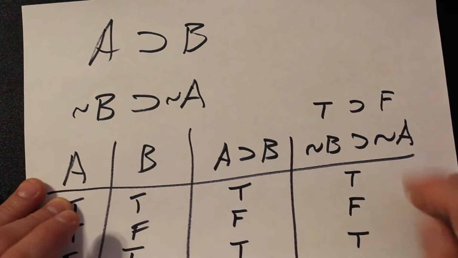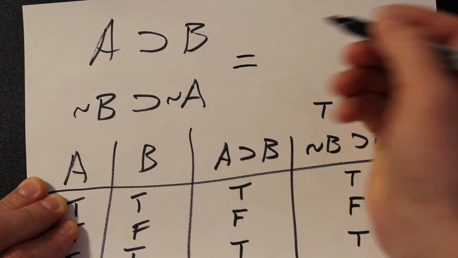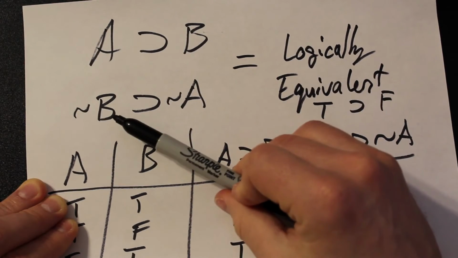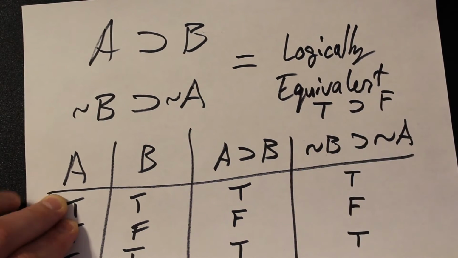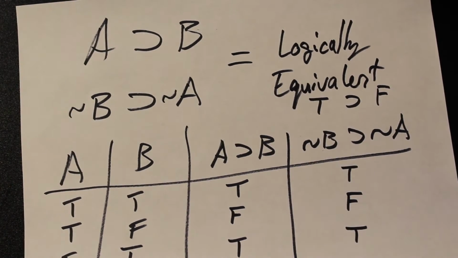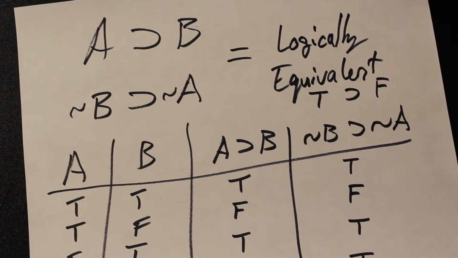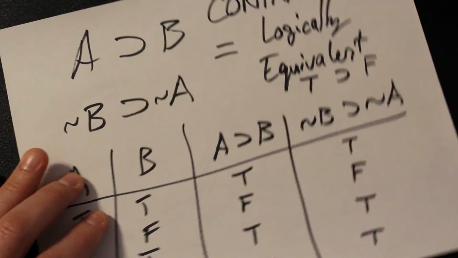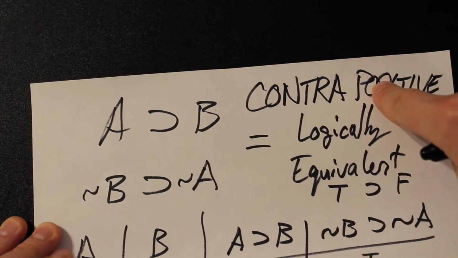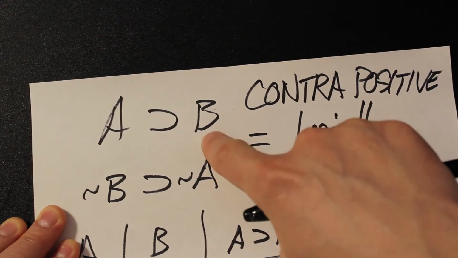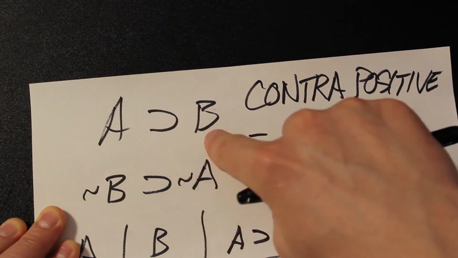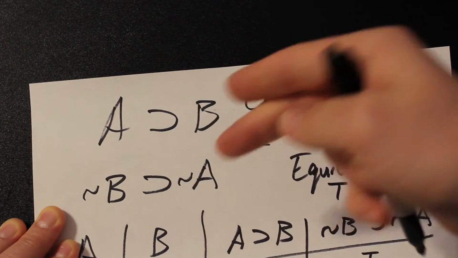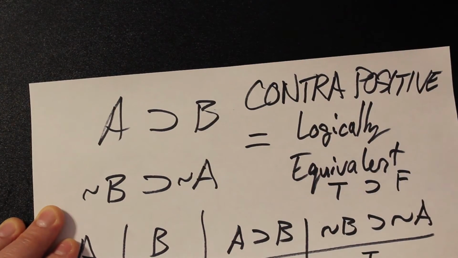To say A implies B is logically equivalent to saying not B implies not A. We'll go ahead and name these. This one, which is logically equivalent, is known as the contrapositive. Every time you form the contrapositive, you're negating both propositions and switching the order of the implication.